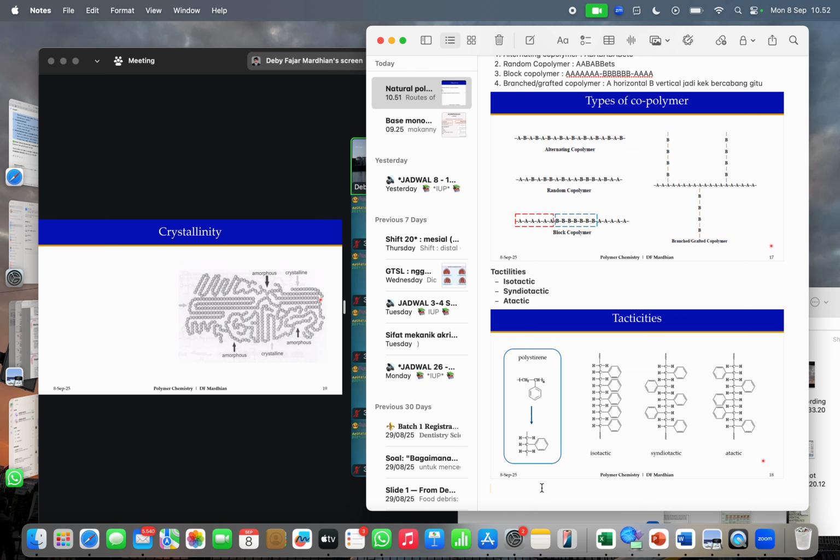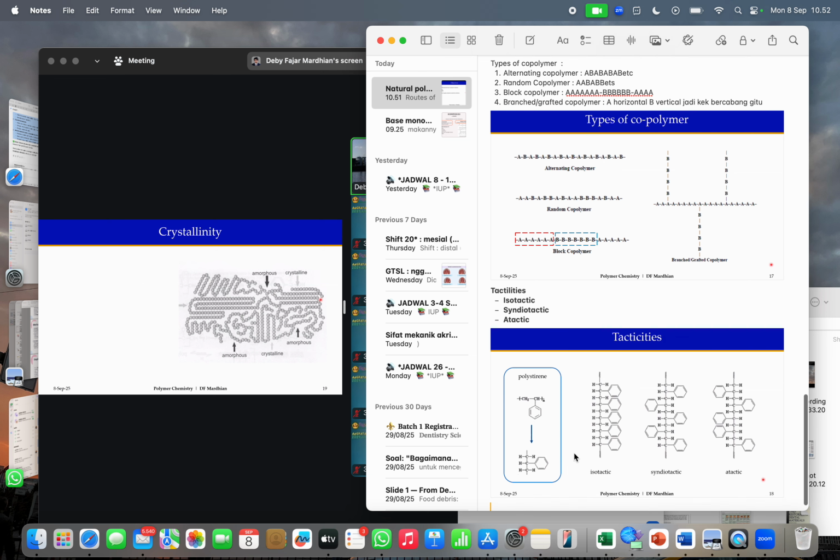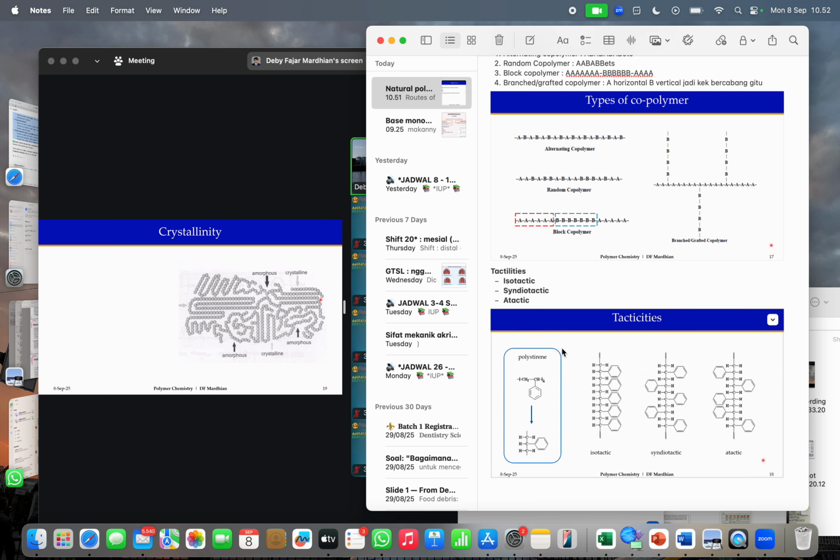And in polymers, we have both amorphous and crystalline bodies in the bulk body of the polymers. So polymers cannot be 100% crystalline for sure, but they may contain crystallinity.